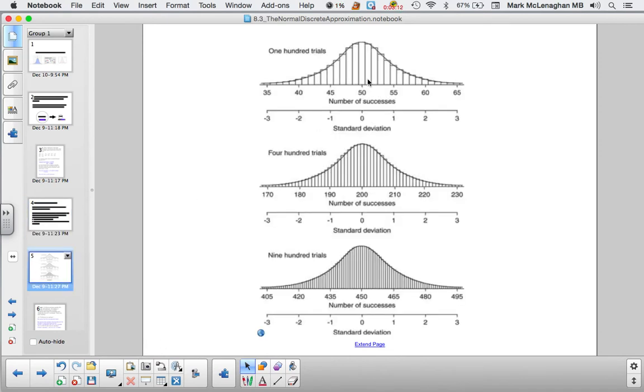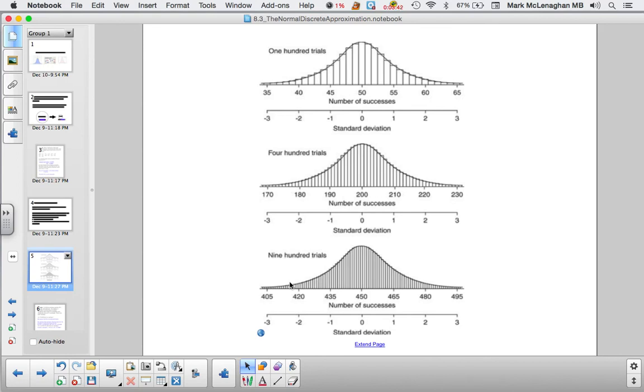Okay, so how does this really work? Say we had 100 trials of something. We could do a frequency table, and if it was normally distributed, we get something like this. We can draw a curve by joining the midpoints of all the frequency bars, and we get something like that. If we do 400 trials, you can see that the curve is getting closer and closer to being nice and smooth.